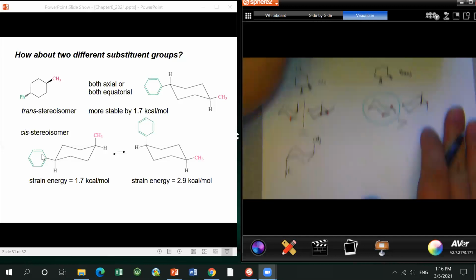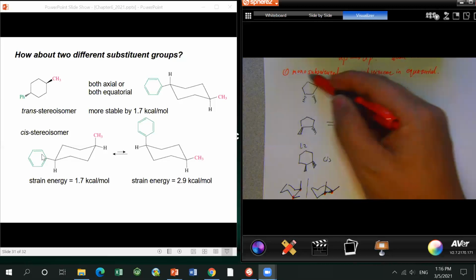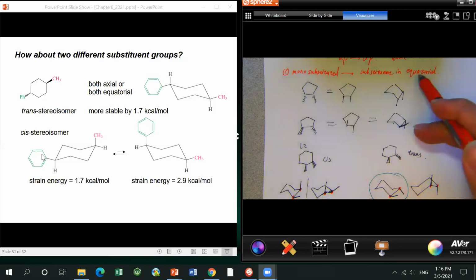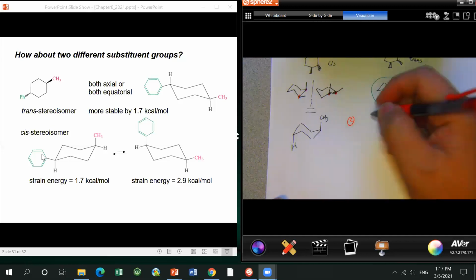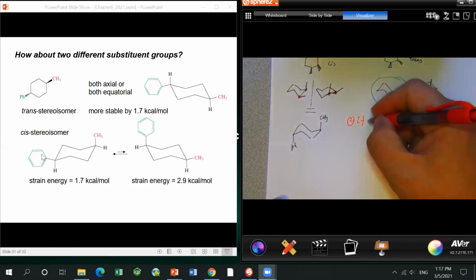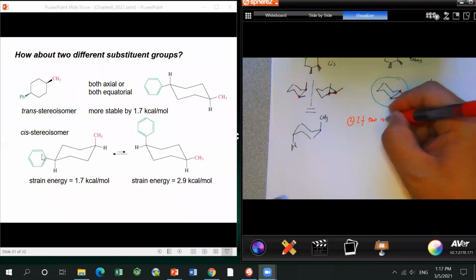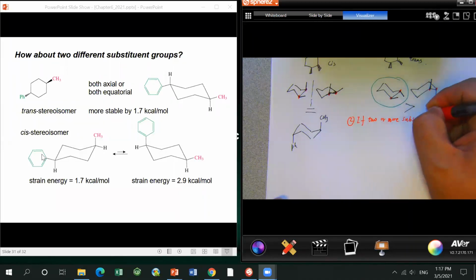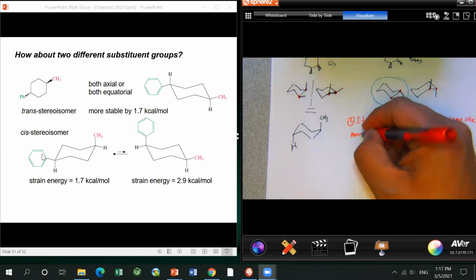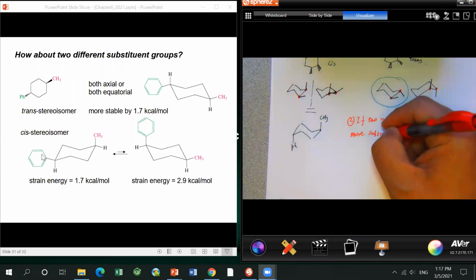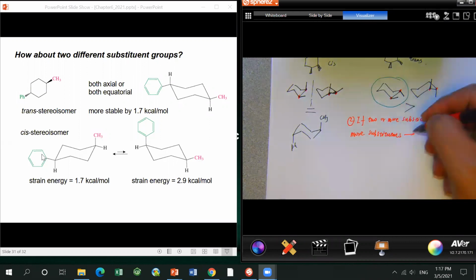Now we come to rule number 2. Rule number 1 was for the monosubstituted cyclohexane. For rule number 2, if there are two or more substituent groups, it really depends on their size. If they are the same size, you want to put more substituent groups in equatorial positions.